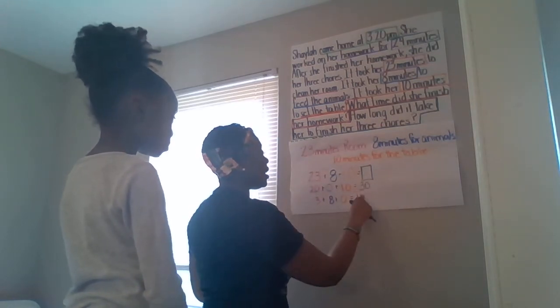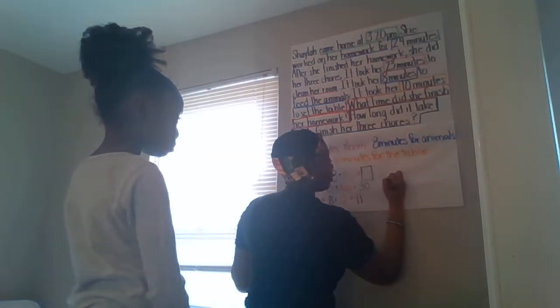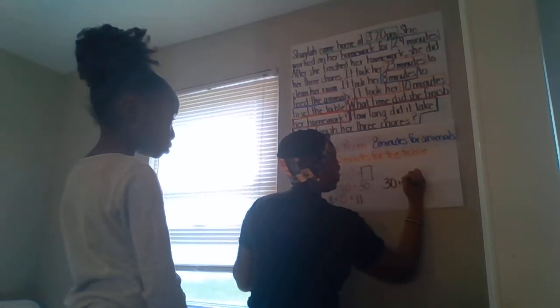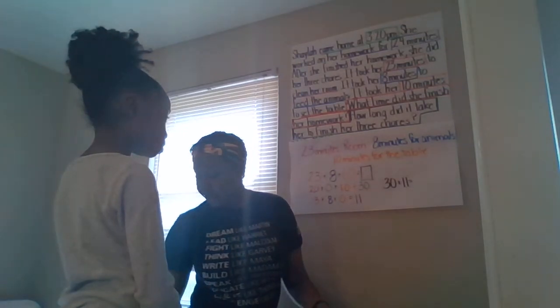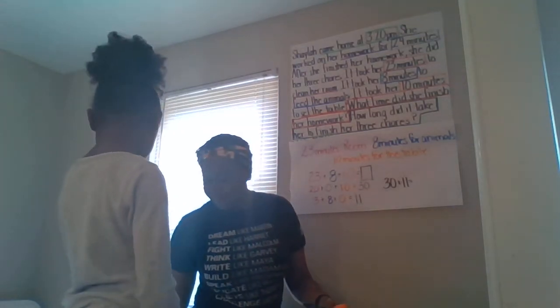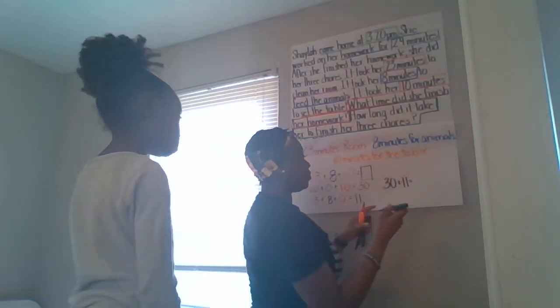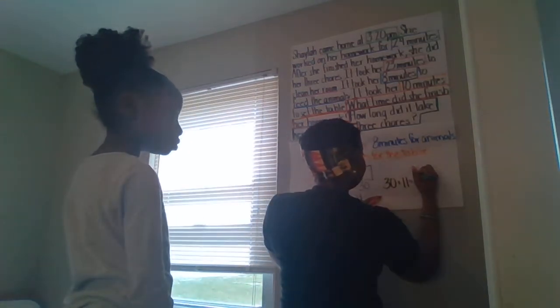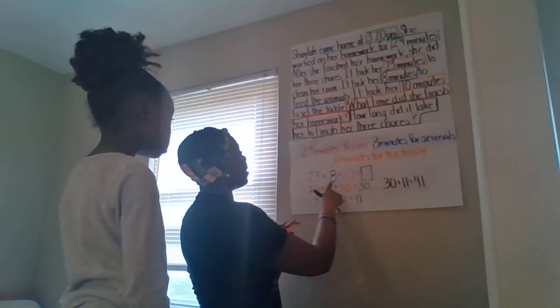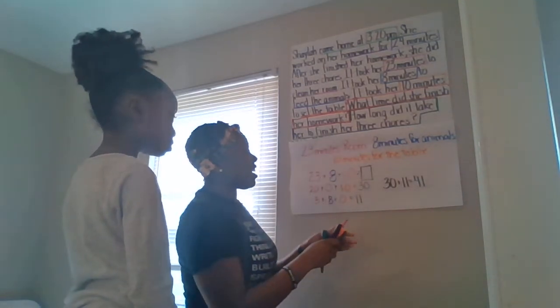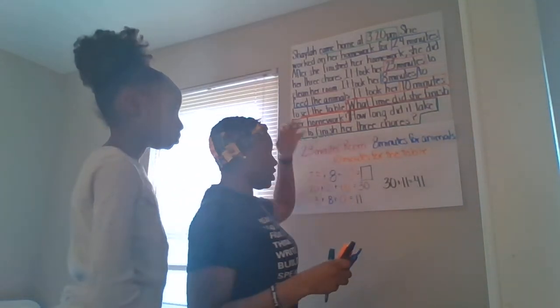Now I have to put my 10s and 1s together. And I know 30 plus 10 is going to give me 40. And 40 plus 1 is going to give me 41. All right. So now we were able to add all the minutes to find out how long it took to do her chores.